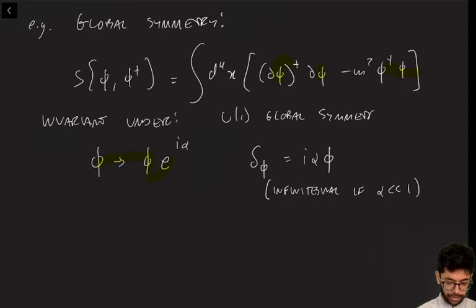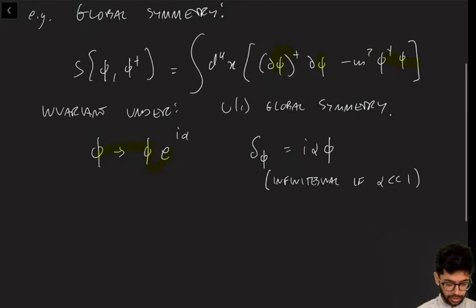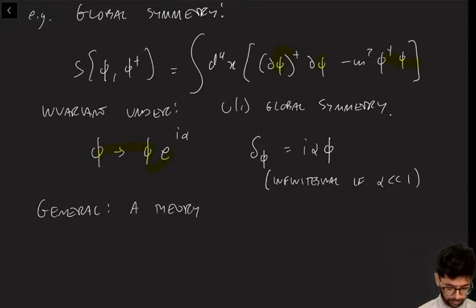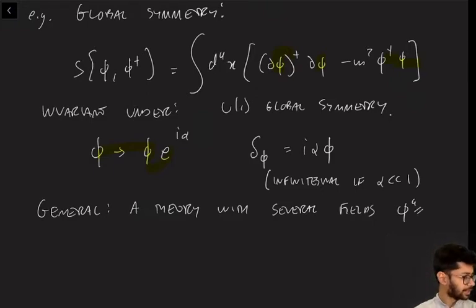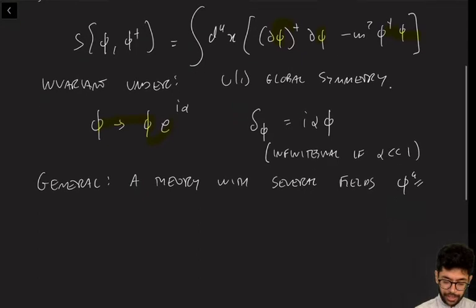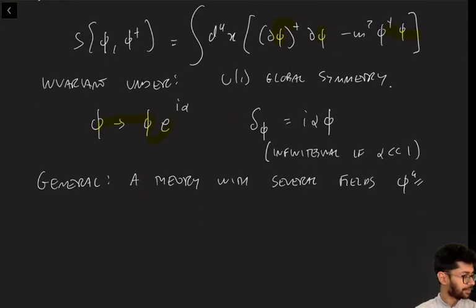So in this lecture, I'm going to be a bit more general. I'm going to consider instead a theory with a bunch of fields, phi A, where A runs over some number of fields. And I'm going to imagine that the action of this theory is invariant under a more general global symmetry.